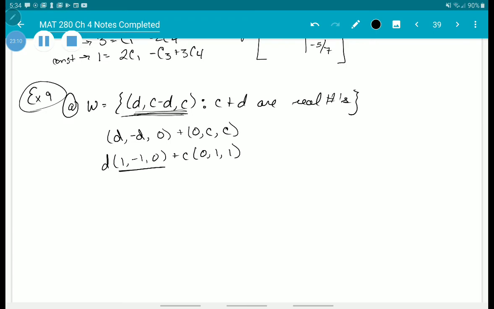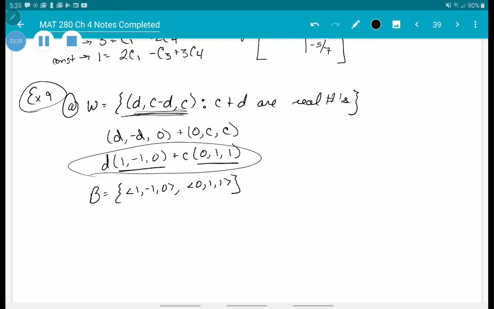So this guy would be a basis vector and this guy would be a basis vector. So our basis, I'm going to call it B, would be the vector 1, negative 1, 0, and the vector 0, 1, 1.